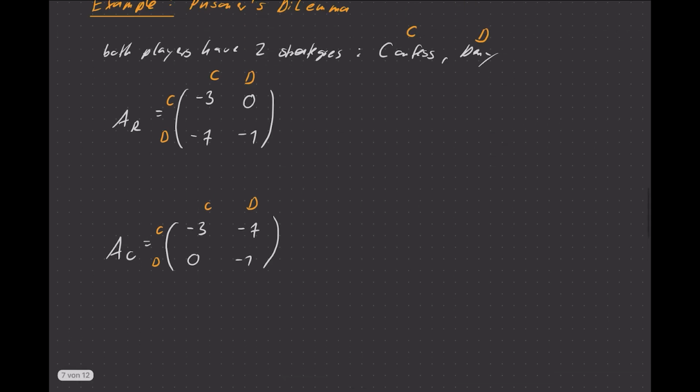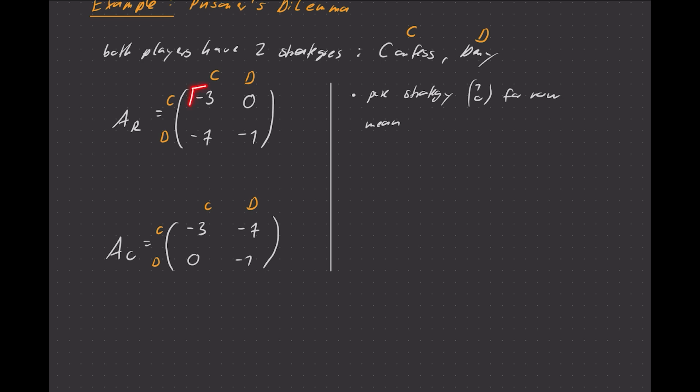And now just as an example of possible strategies, so the pure strategy 1-0, for example, for the row player means, now what does that mean? That means the row player selects the first row with a probability of 100%.